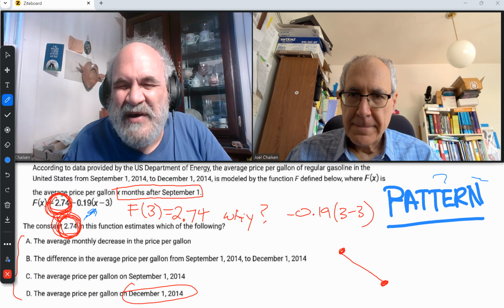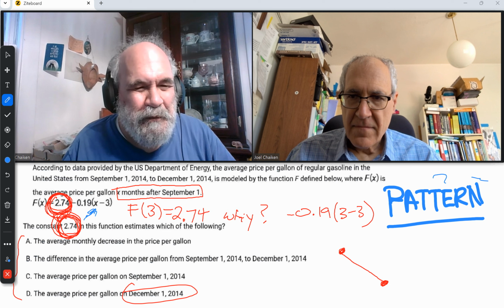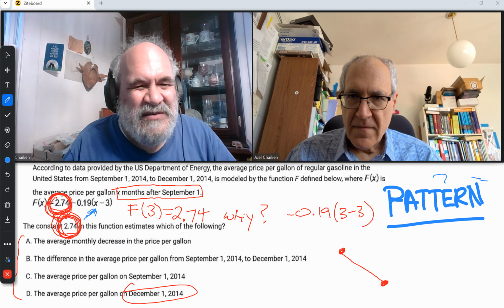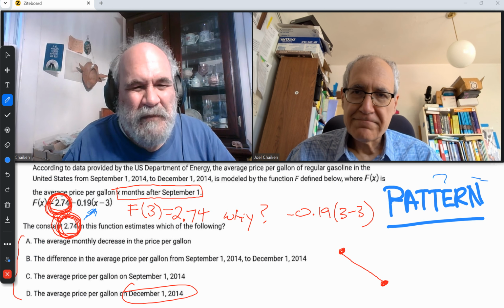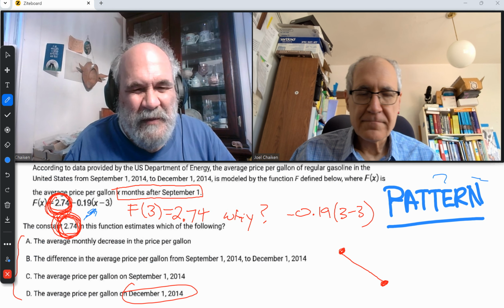The first value of x is when x equals 0.